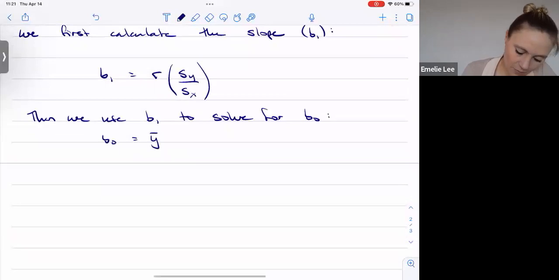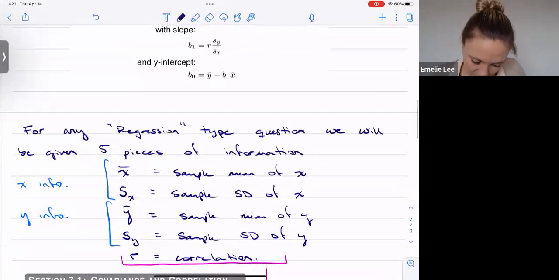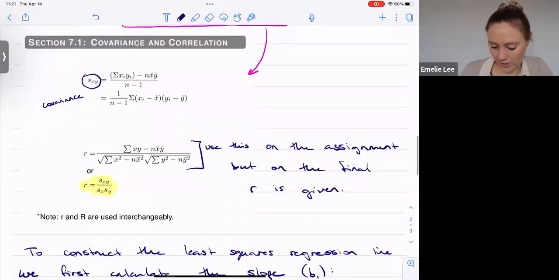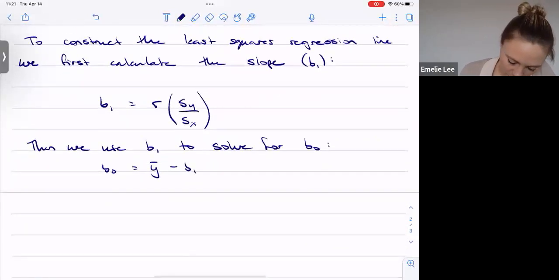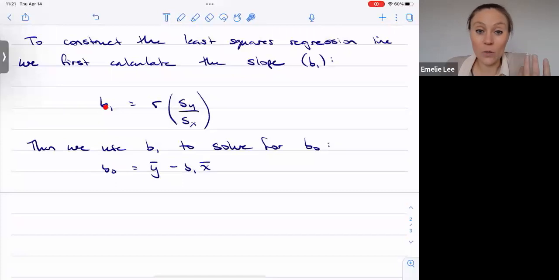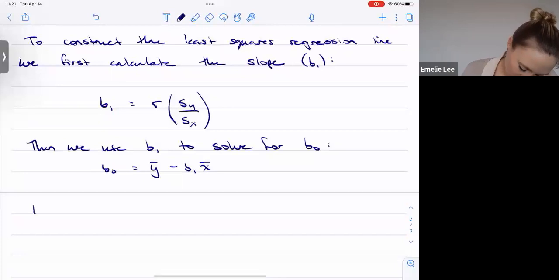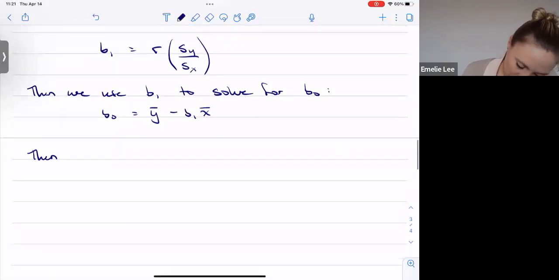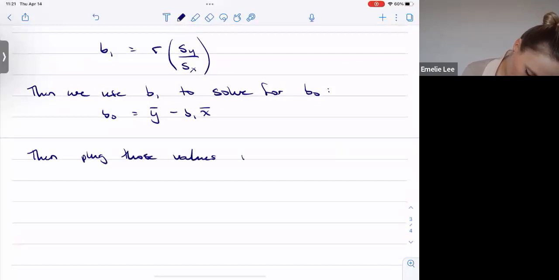B0, I think, is Y bar. Let me just confirm here. Working off the cuff. Yeah, Y bar minus B1 X bar. So Y bar is the mean of the Y's, X bar is the mean of the X's, and of course, B1 is the value from before. Then we plug those values into the equation.